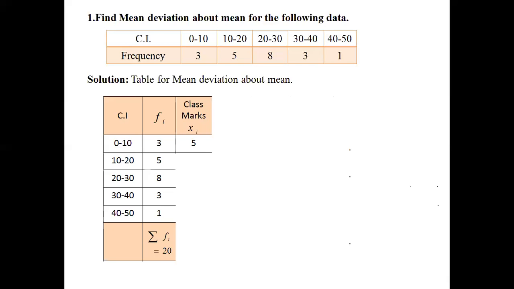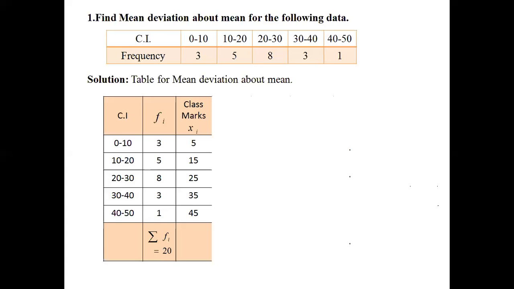Then for class 10 to 20, the class mark is 10 plus 20 upon 2, which is equal to 15. For the next class 20 to 30, it is 25. Then for 30 to 40, the class mark is 35, and for class 40 to 50, the class mark is 45.